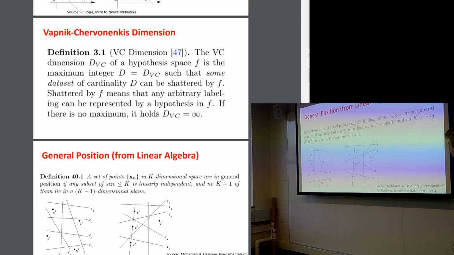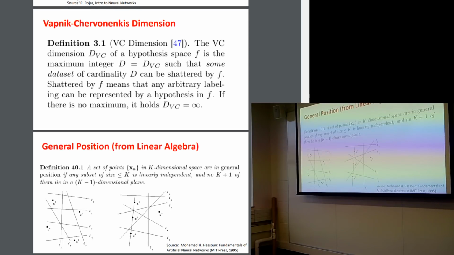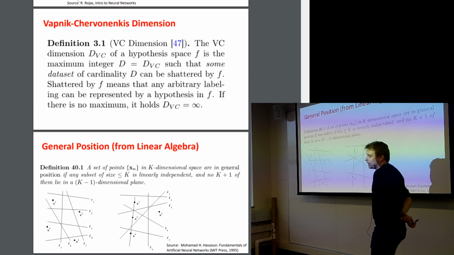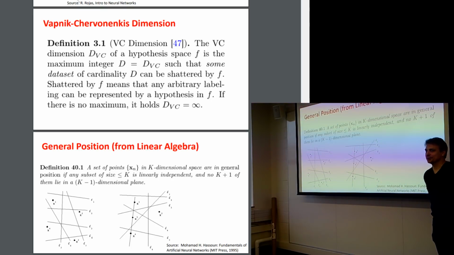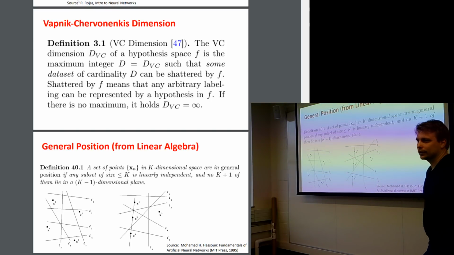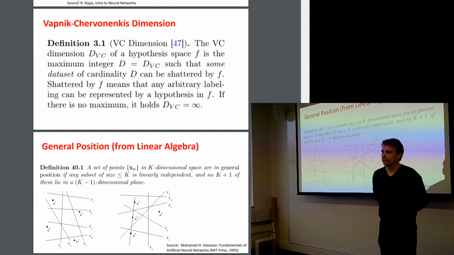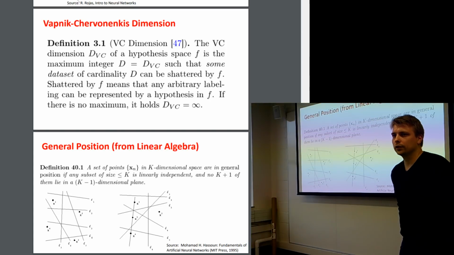But general position is not random, okay? So the confusion here is that they took a checkerboard pattern and wiggled it a little bit. Now, that's not random. It's in general position, but it's not random. Taking an XOR and wiggling it a little bit will still need exactly 2 separations. Taking an AND and wiggling a little bit will still need only 1 separation.